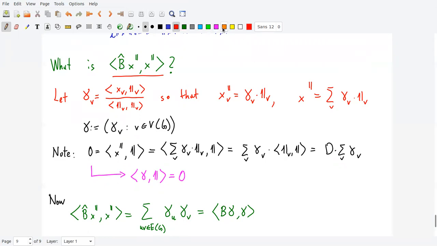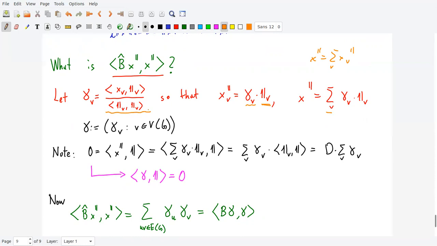Recall what x parallel was: the sum of the x v parallel. Every x v parallel was defined as the vector of all ones on the cloud of v, times some coefficient gamma v, which was defined like that.